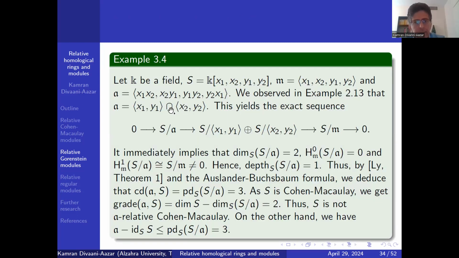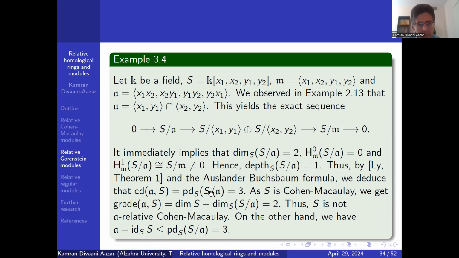Since this ring is regular, the projective dimension of any S-module is finite, so this is finite.